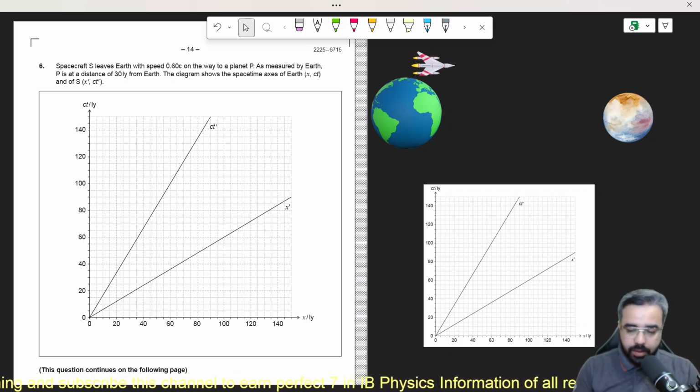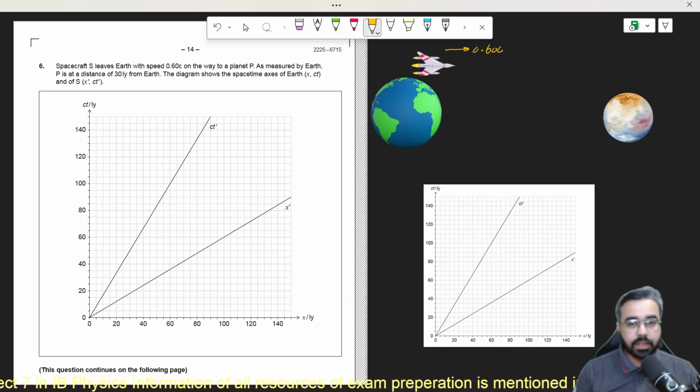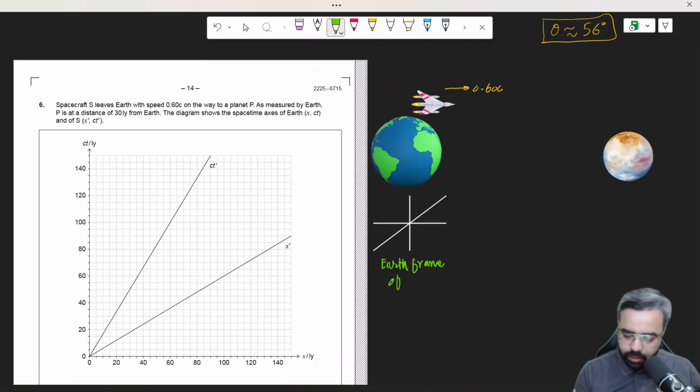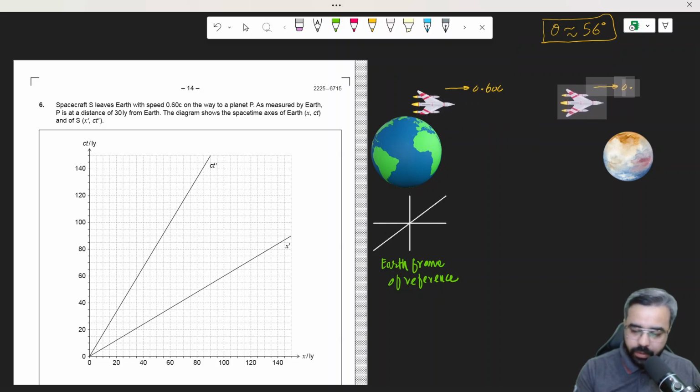You see that this spaceship is traveling at 0.60c, that is 60% of the speed of light. Dear student, this is the Earth frame of reference. The spaceship is moving at a speed of 0.60c towards the planet according to the Earth.